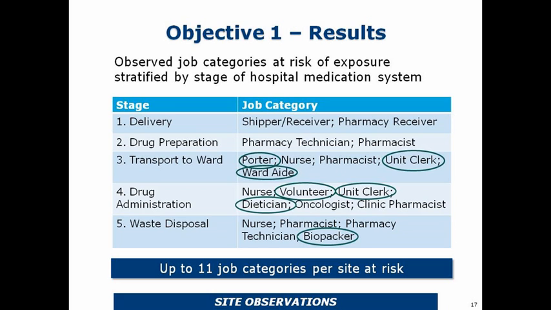But going back to what I said about the circled job categories, these are unique job categories that were never mentioned in any other literature. So again, we found that this was quite interesting, that these job categories were never factored into the occupational exposure assessments previously. And in terms of the number of job categories, at one site there were up to 11 different job categories that were considered at risk of exposure.